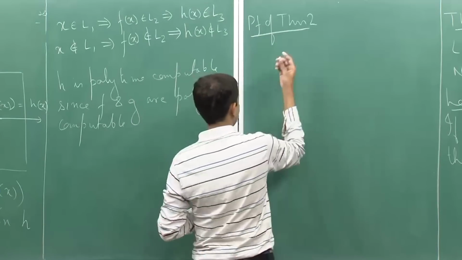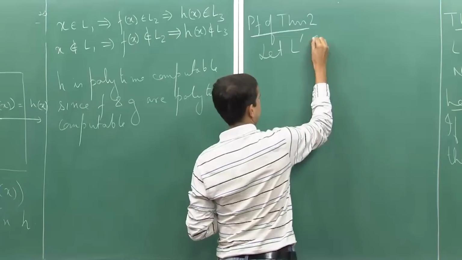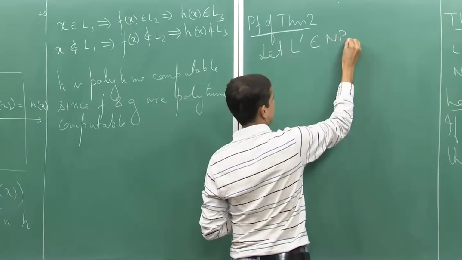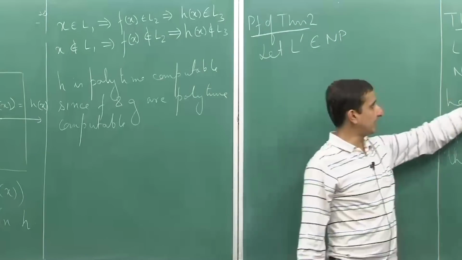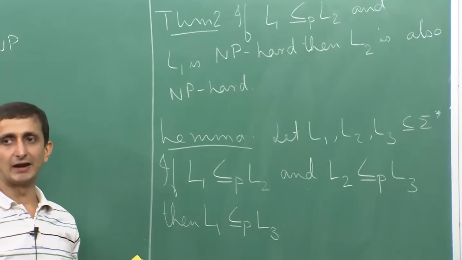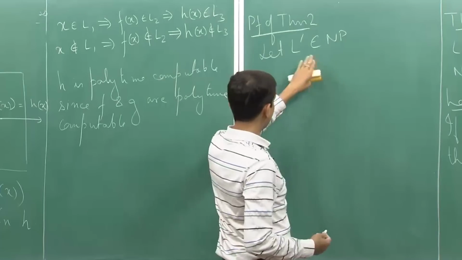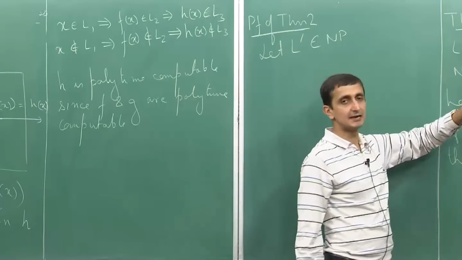Okay. So, take any language in NP. Let L prime be a language in NP. To show that L2 is NP hard, I have to show that L prime reduces to L2. Now, we have a language in NP and we know that L1 is NP hard.